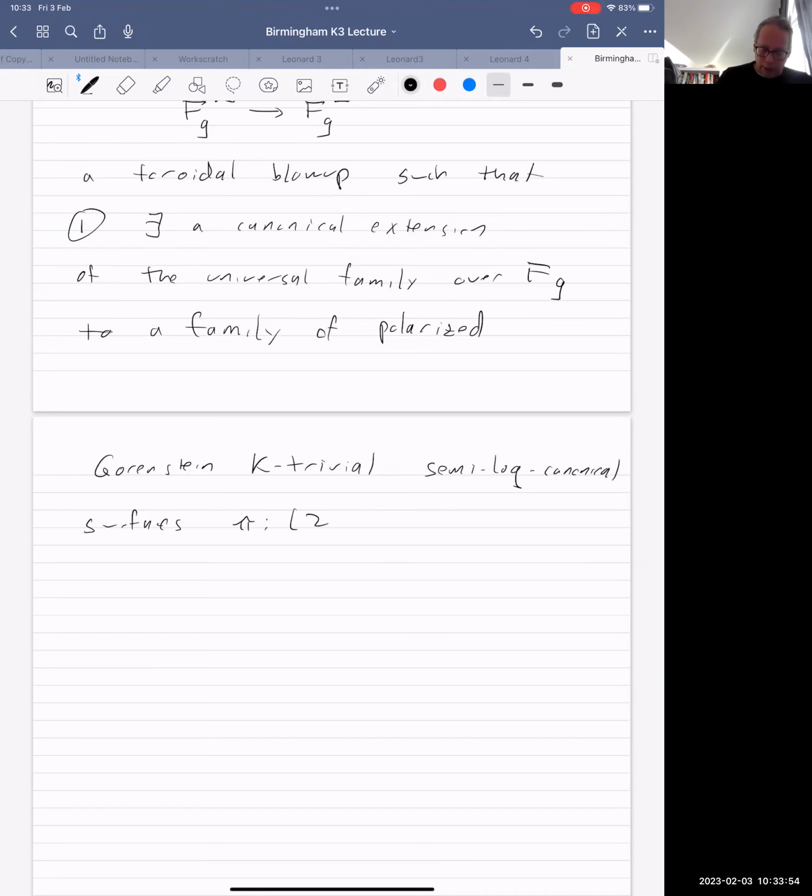Pi from X, with some polarization, to F bar delta G.